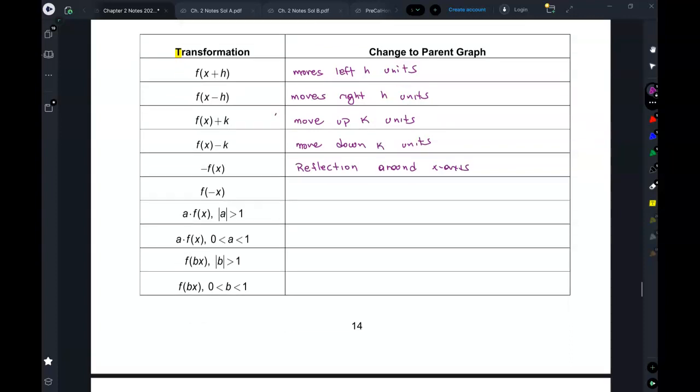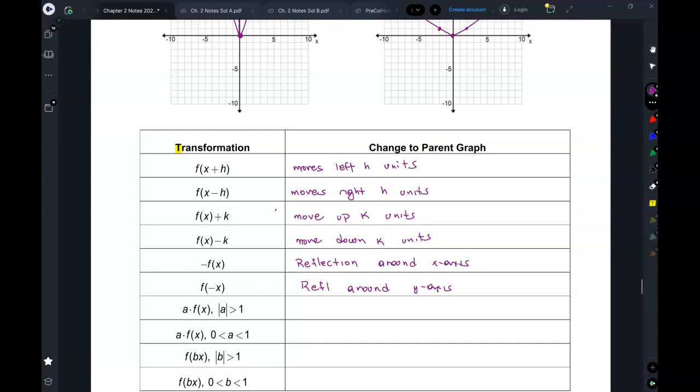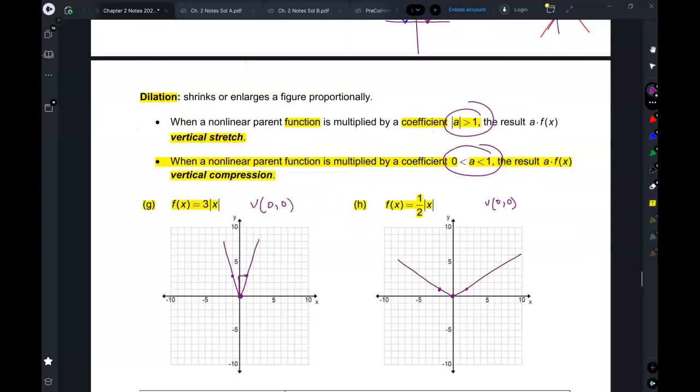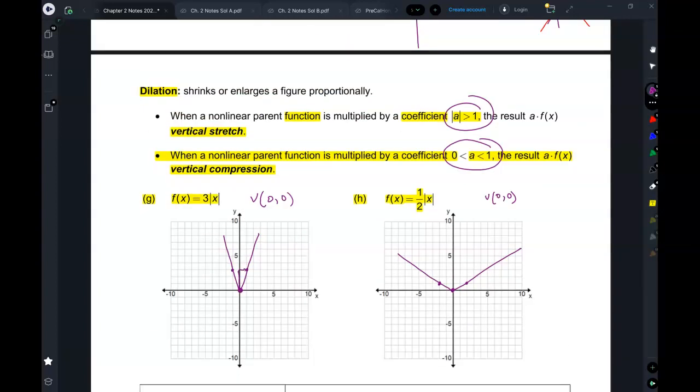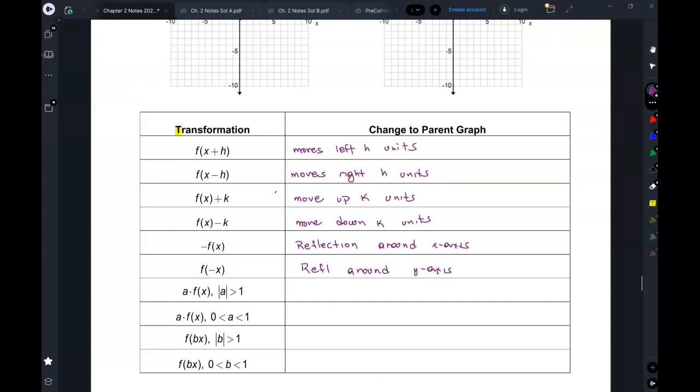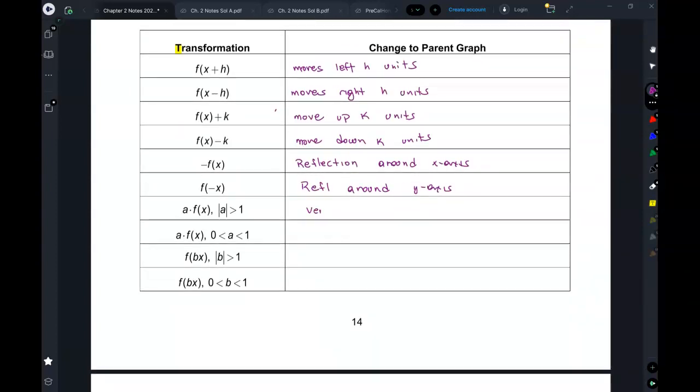Reflection around the y-axis. Okay, if you have a times f of x and a is greater than 1, then it's a vertical stretch, right? So we say it's a vertical stretch.